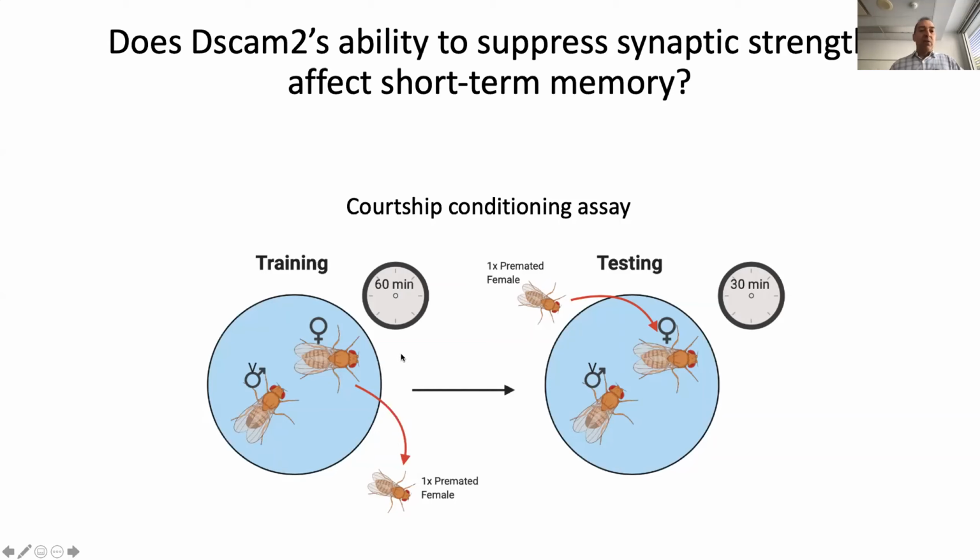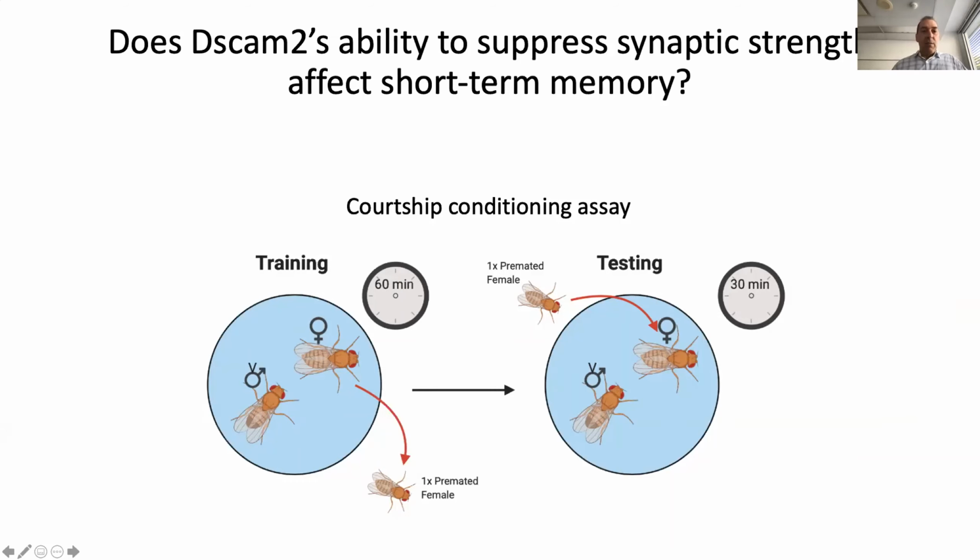And females can store sperm for up to a week, and they don't like to mate again once they've mated. So they express behaviors that are rejective towards the male, and the male will try to court the female. They stick out their wing and sing a song. They have a bunch of different behaviors that we can actually capture on video and then quantify how much time the male spends trying to court the female.